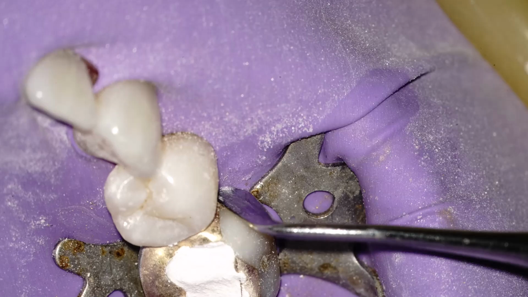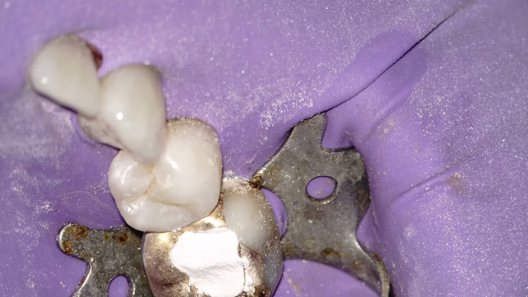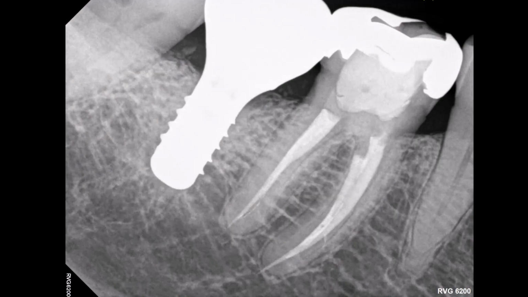I basically flatten it with a Woodson after the Biodentine has an initial set. I usually have the patient wait in the chair for about 30 minutes before I finish off the cervical Biodentine and recontour it. This is the final radiograph after restoration.